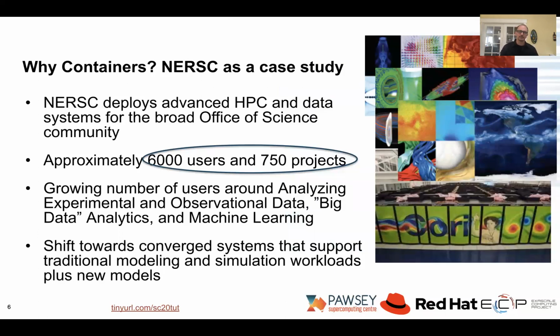These include groups and users that want to analyze experimental and observational data, as well as big data analytics and, more recently, machine learning. That's a big shift in our workload, and it creates unique challenges on how we support such a diverse and broad workload. So looking for ways to make it easier and more productive for users is, of course, a concern.